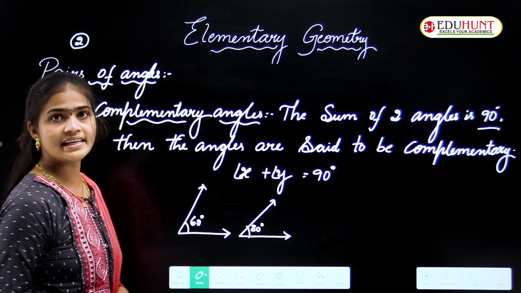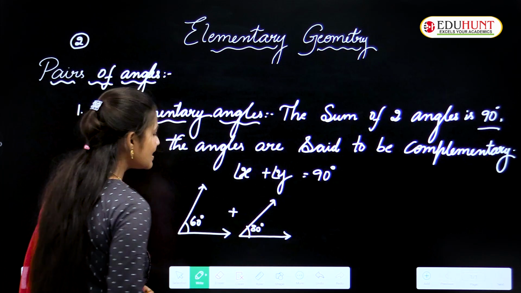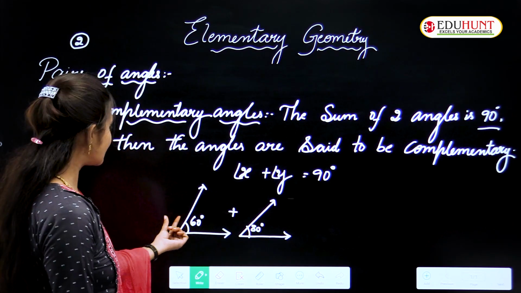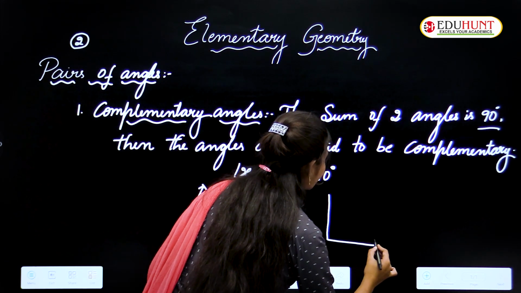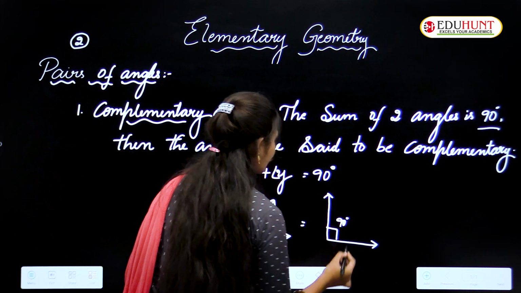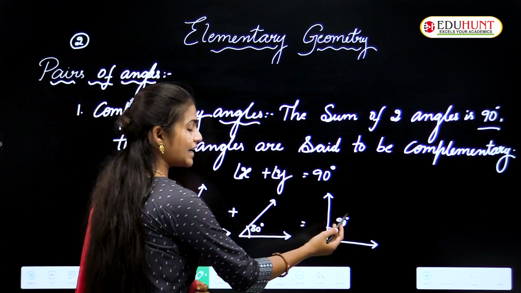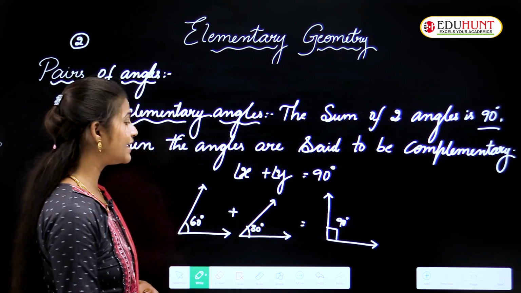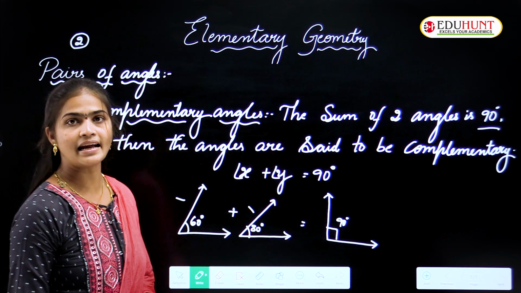If you add these 2 angles, 60 plus 30, what do you get? You get 90 degrees. Is it clear? The sum of 2 angles gives 90 degrees, then we call those 2 angles complementary angles.